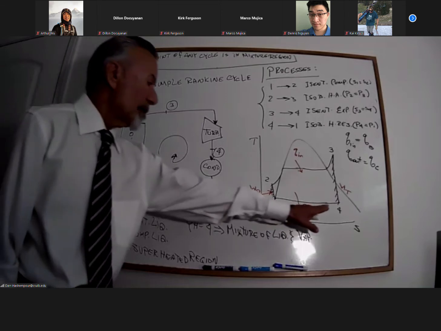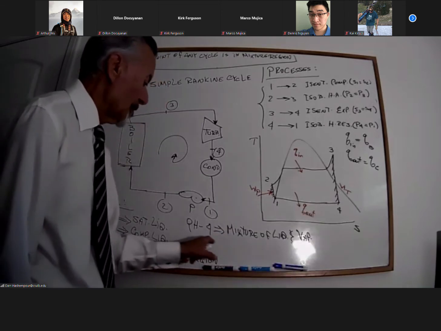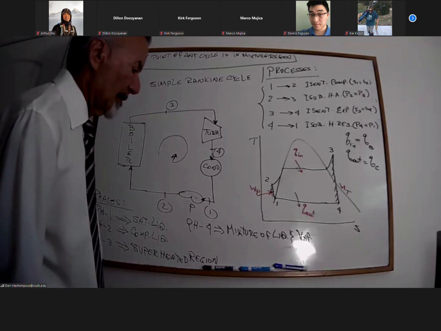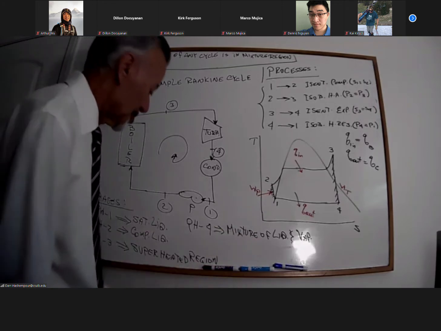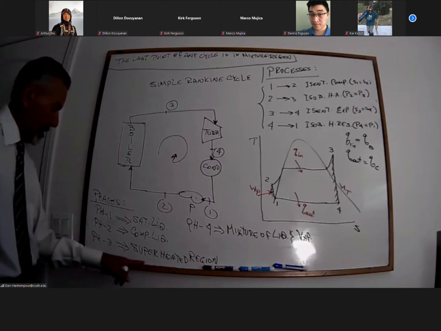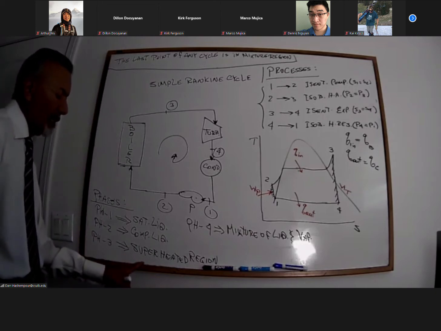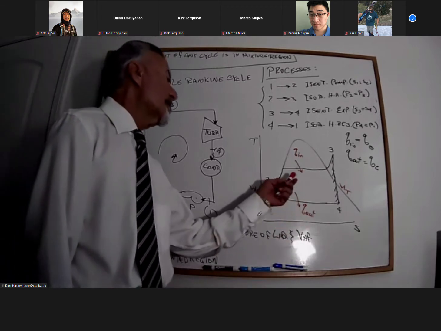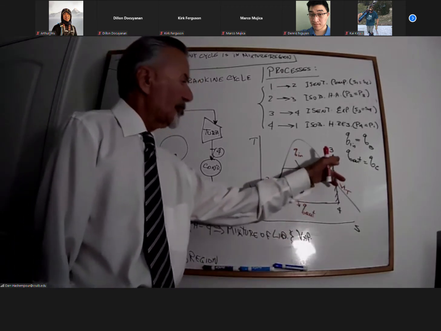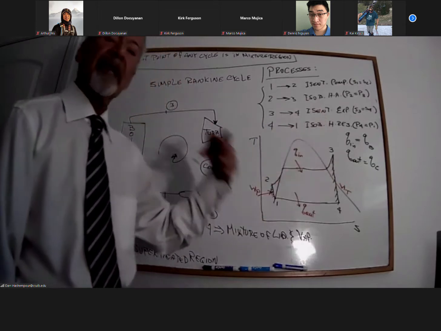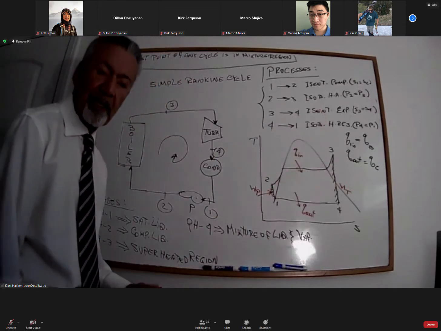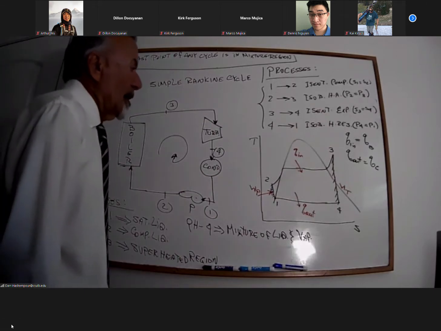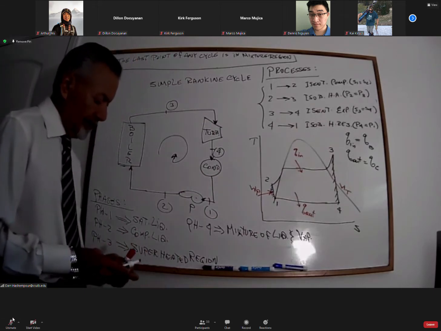Phase 4, as we said before, is always going to be in a mixture of liquid and vapor. That will never change. So that's the only change we made. And as we do some exercises, you'll see the reason we get it to superheated is so we can have higher efficiency for the entire cycle. Any questions?